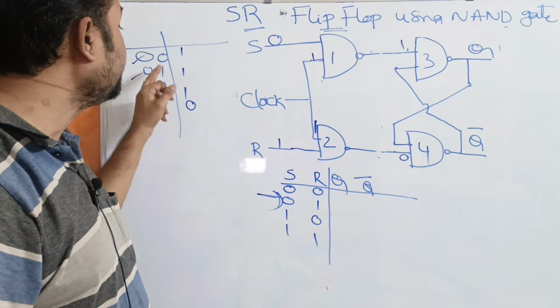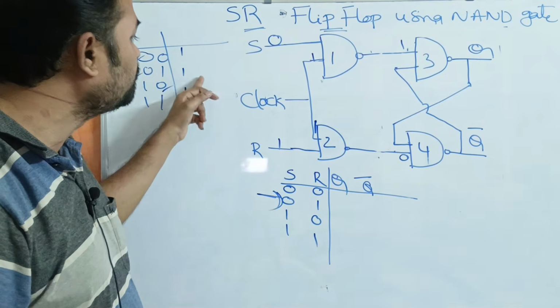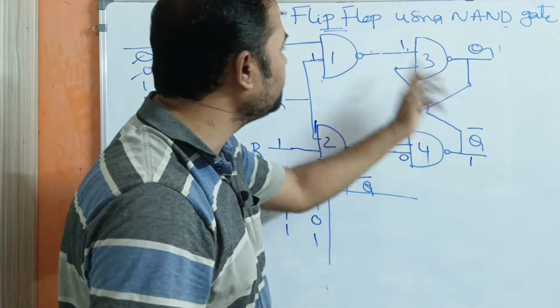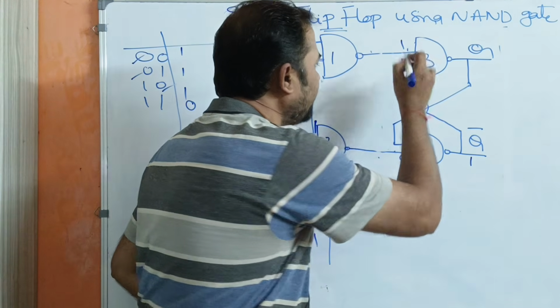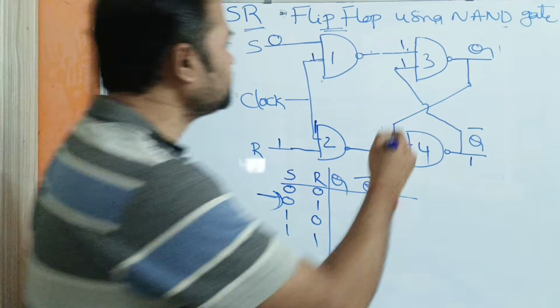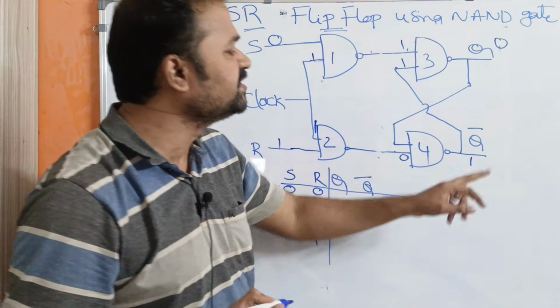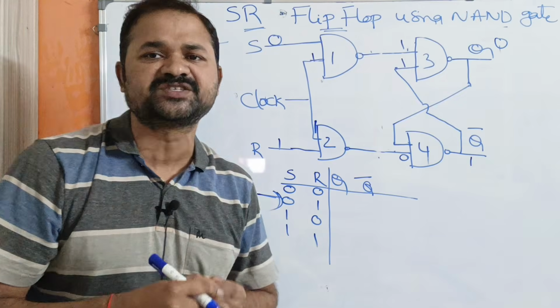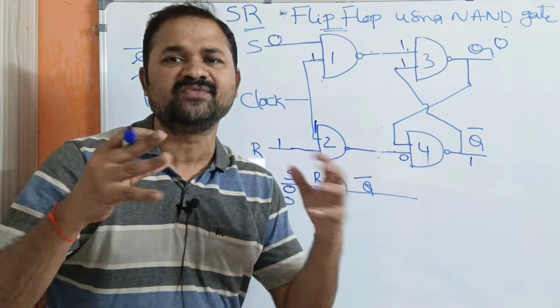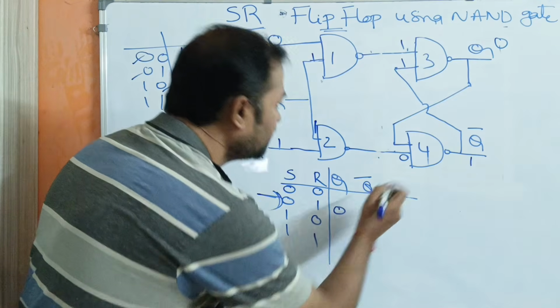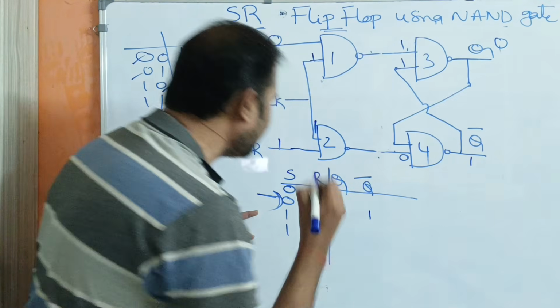If one of the inputs is 0, then the output is 1. So this 1 will be passed as the input to the third NAND gate. So 1, 1 means the output is 0. So Q value is 0, whereas Q bar value is 1. These two outputs are always complemented to each other.